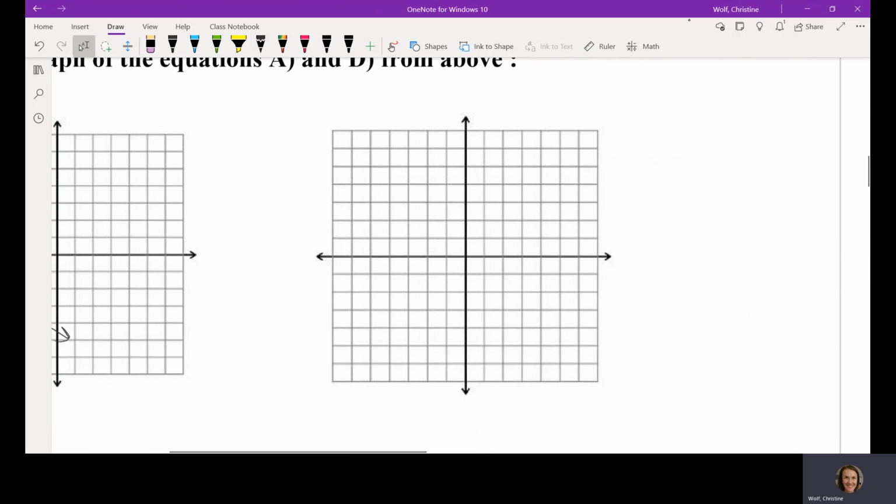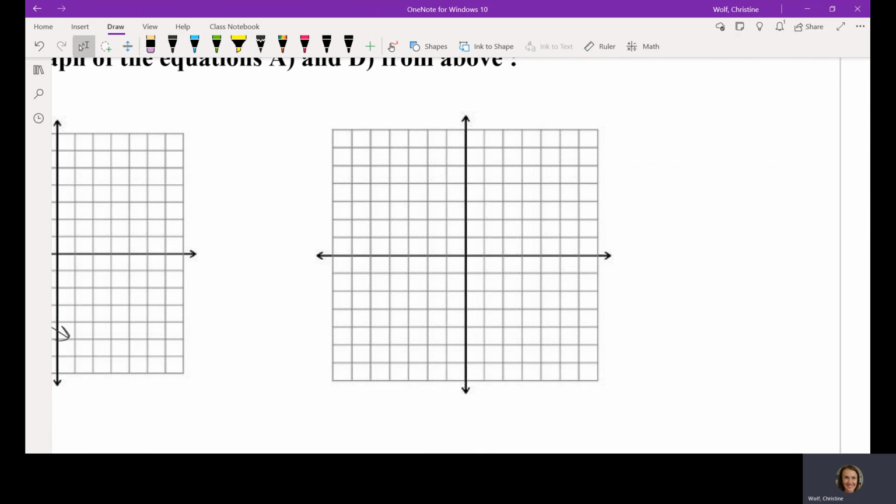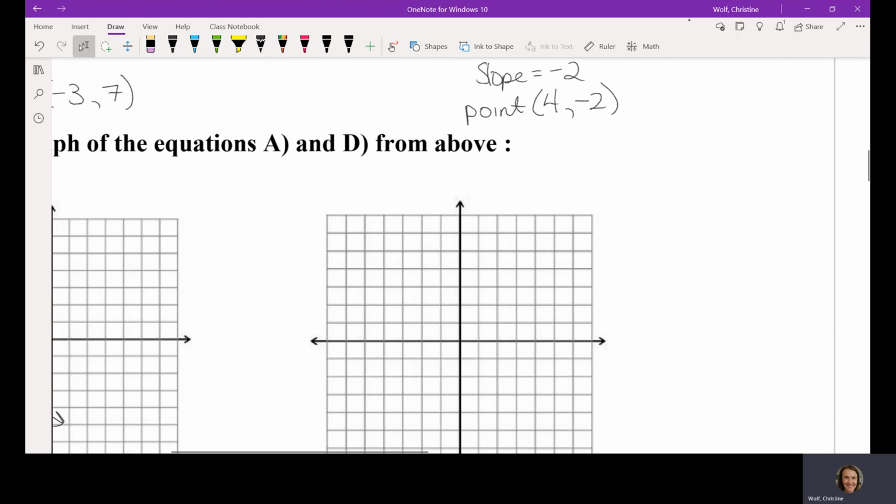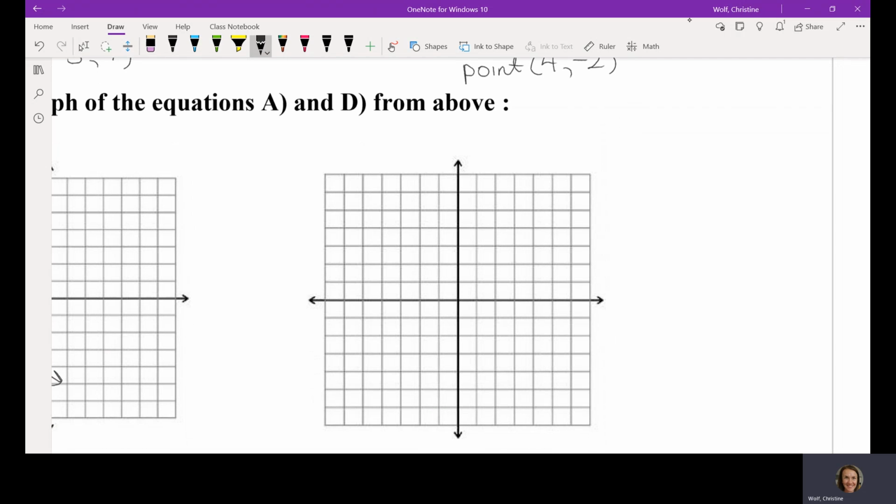Okay, now I want you to graph D. So the information from D told us that we have a point at 4, -2. So x is 4, y is -2. That's the point right there. I chose this one for a reason. What's my slope? Okay, so this is what a student's going to do. I guarantee someone will do this. The slope is -2.